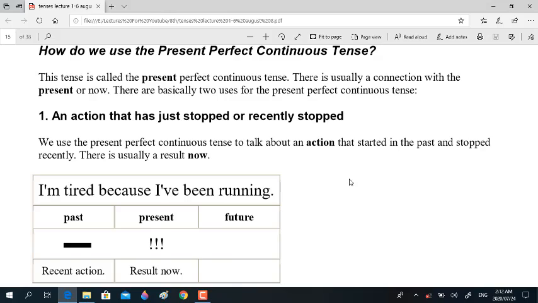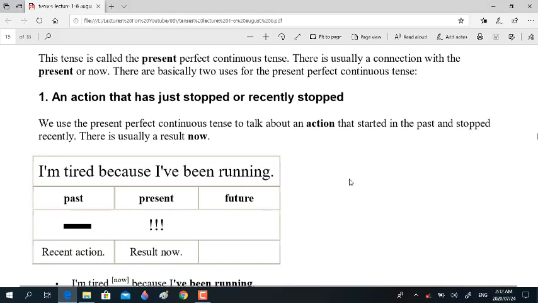Though he is not running, the action, the process of running has ended, but still he may use this structure, that I am tired for I have been running. Okay, this is what we call the action that has just stopped or recently stopped.